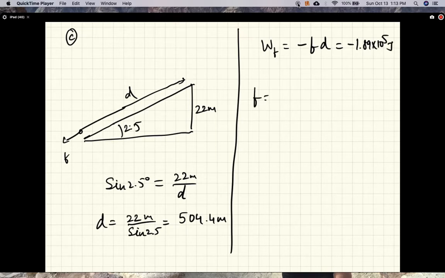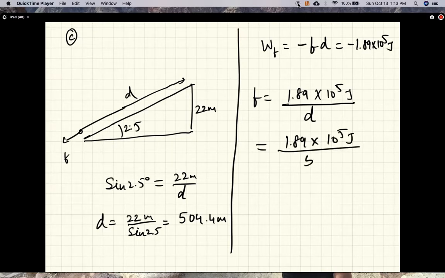So friction force is 1.89 times 10 to the power 5 joules divided by D, which is 1.89 times 10 to the power 5 joules divided by 504.4 meters.